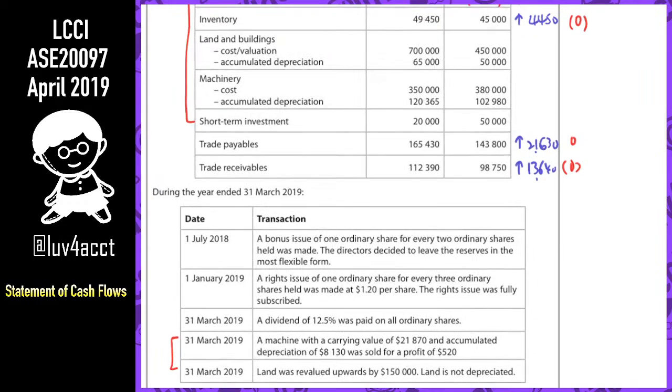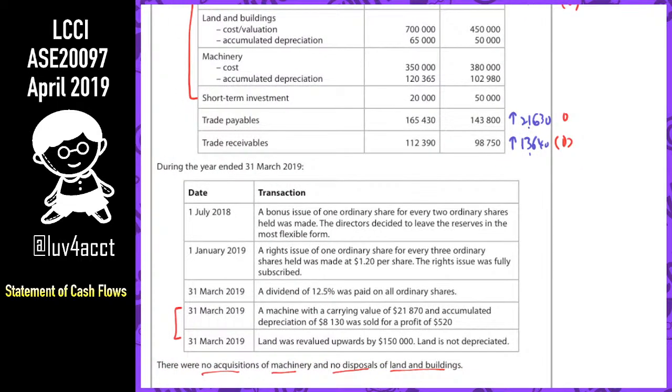A machine with a carrying value 21870 and accumulated depreciation 8130 sold for a profit. Again we will work on this working, 2520 profit.